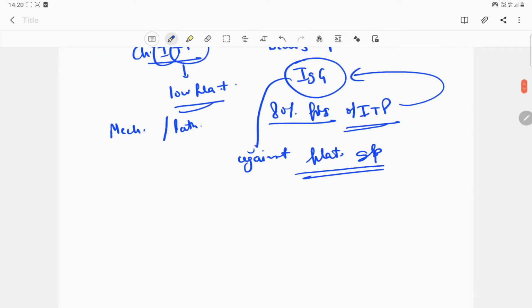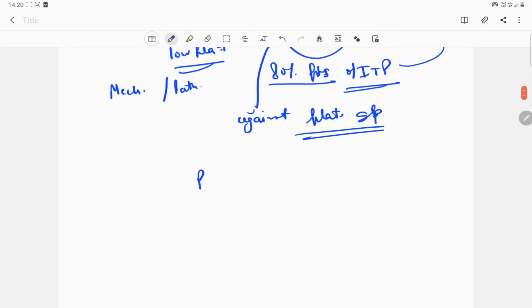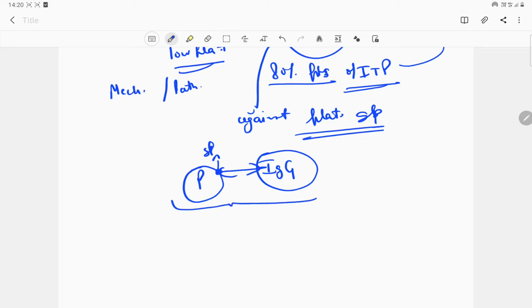So this is the platelet, and the IgG binds to this platelet glycoprotein, and this creates a process of opsonization. IgG acts as an opsonin, like the complements and other antibodies act. This process of opsonization leads to the engulfment of the platelet by the phagocytes.